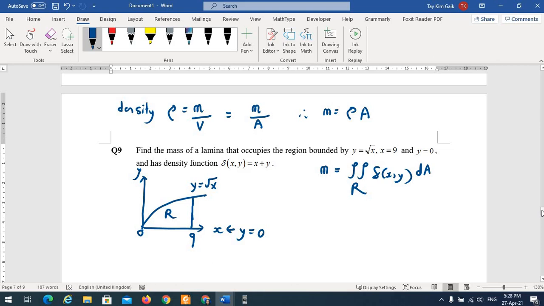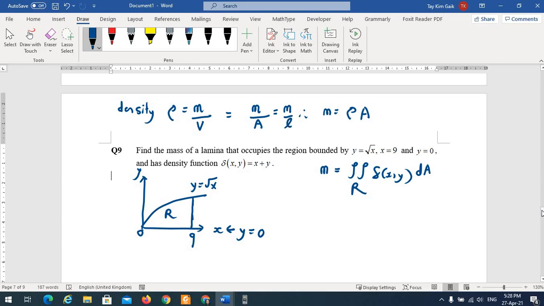So this is the mass of a lamina in 2 dimensions. Later on we may have the mass of a solid in 3D. And in the last chapter, we learn line integrals and surface integrals. You may have the mass of a thin wire. The wire only consists of length without area. So the density can also be mass divided by length.